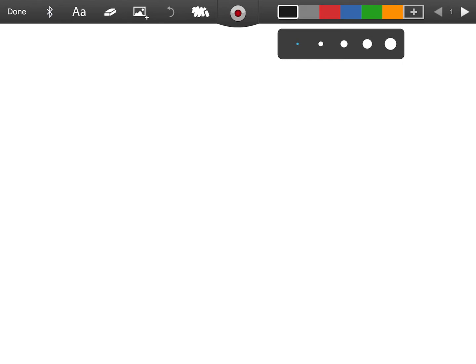Where's the button I need? There it is. It is really hard working the screen that is a projector. There we go. And then, okay. So we had left off here.